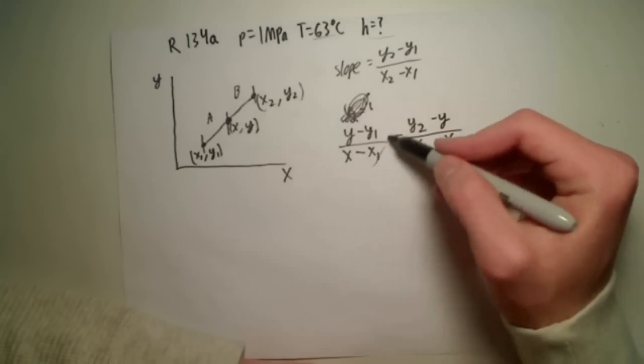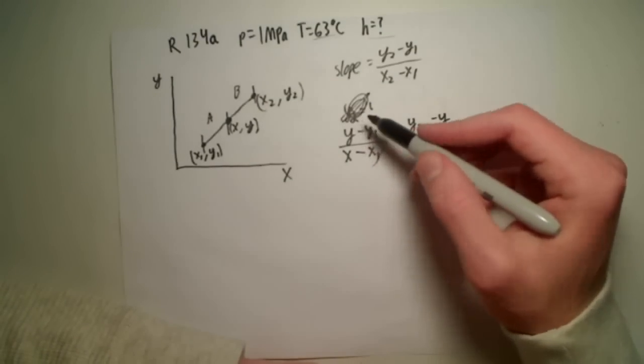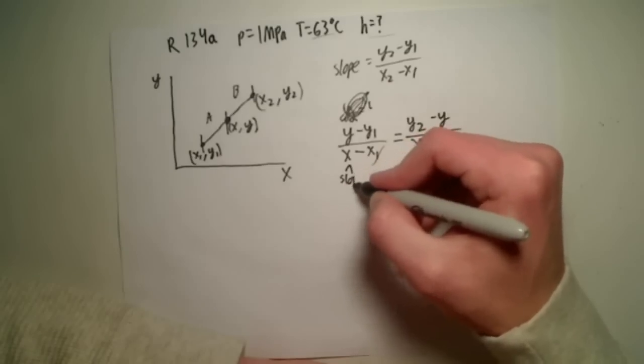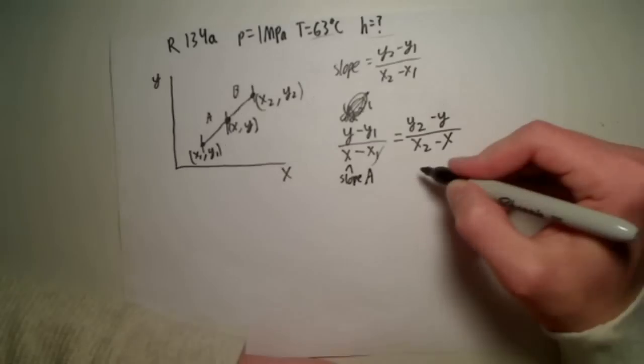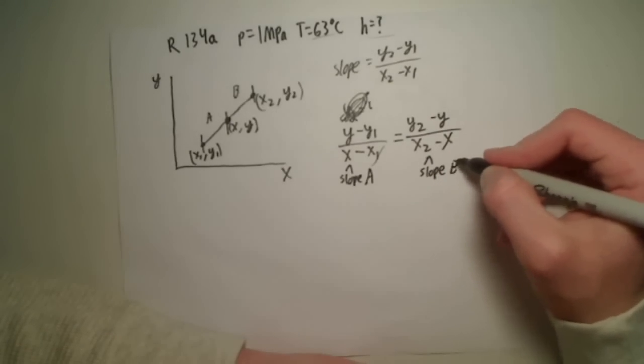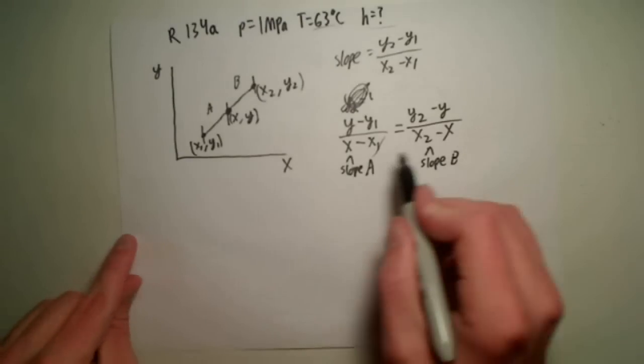Now this right here is the slope of A, and this is the slope of B. And we just set them equal to each other.